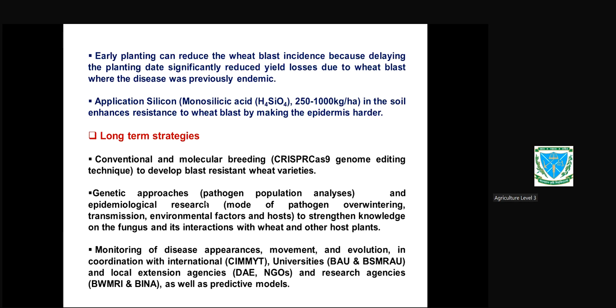In addition, every year need monitoring of the disease appearances, movement, and evolution, in coordination with international maize and wheat research, CIMMYT, and universities, BAU, BSMRAU, and local extension agencies, DAE, NGOs, and research agencies, BWMRI, who have been also working with us in these projects. So these are the long-term strategies to manage wheat blast in the country.